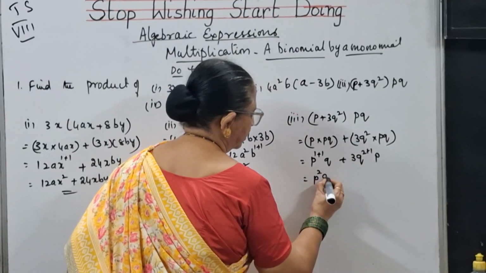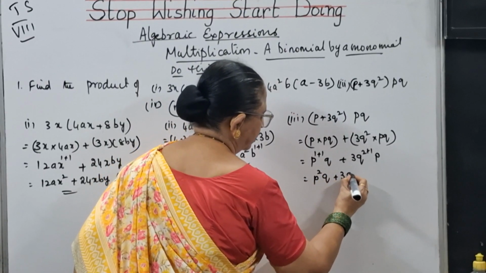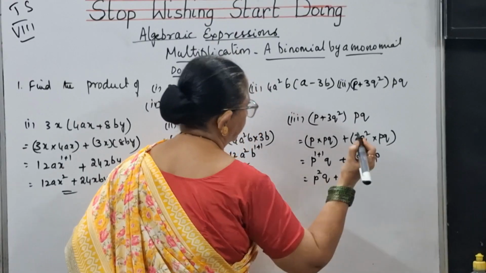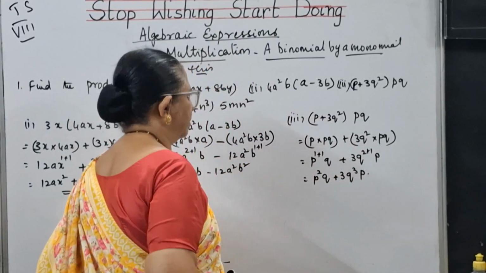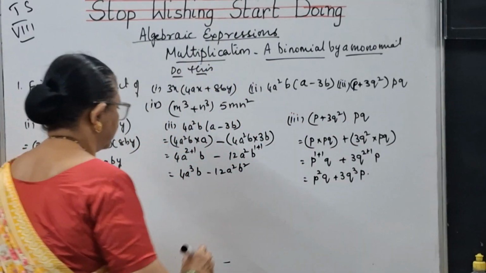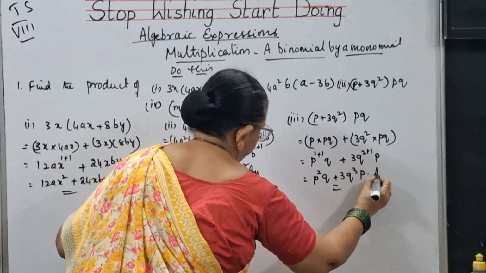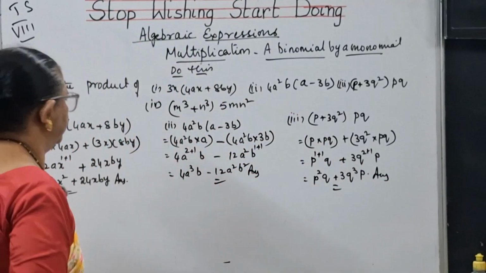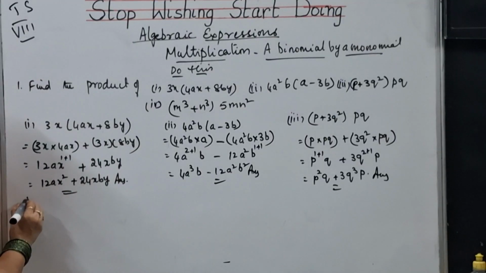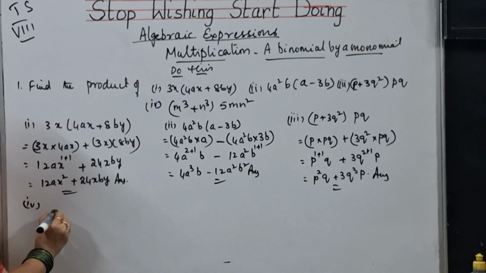So p square q plus 3q cube p is the answer for this third bit, children. So this is the answer for the second bit, this is for the third bit, and the fourth bit.